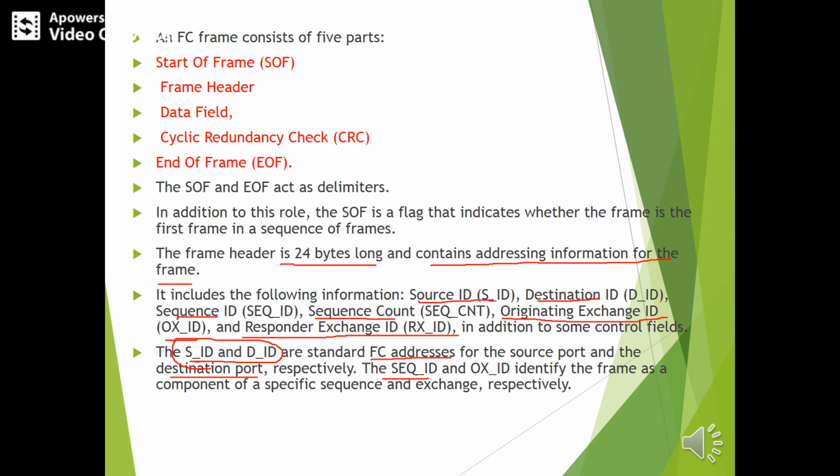The sequence ID and the originating exchange ID, OX ID, identify the frame as a component of a specific sequence and exchange respectively. So the sequence ID specifies the component of a specific sequence, and the originating exchange ID identifies the frame as a component of an exchange.